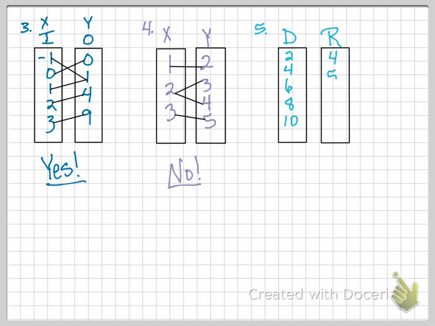We have one line going from 2 to 5, a line going from 4 to 4, a line going from 6 to 5, a line going from 8 to 7, and a line going from 10 to 6.